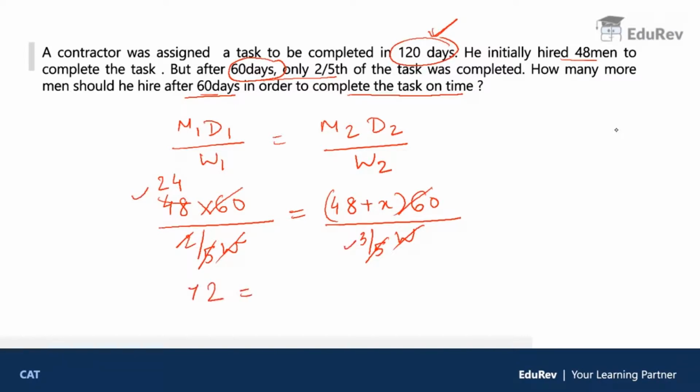Okay? 72 is 48 plus X. So my X will be 72 minus 48, which is 24. So 24 extra men should be hired to complete the work on time, which is 120 days. So 24 men is your answer.